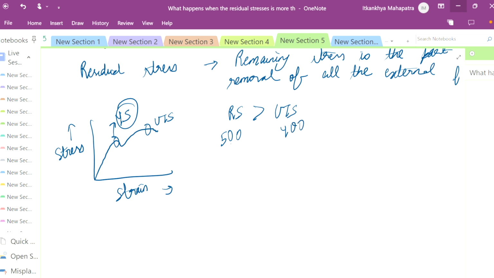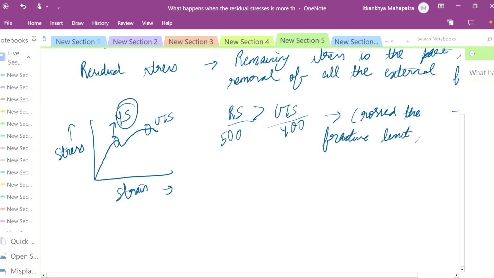After the specimen reaches its ultimate tensile strength, it will finally lead to fracture or it will break. That means if the residual stress is more than the ultimate tensile strength, it has crossed the fracture limit, and we will see a crack.